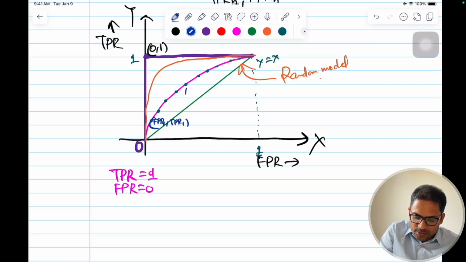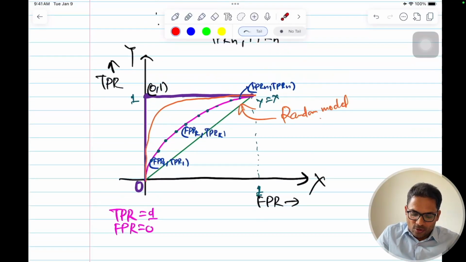Then similarly, this will be FPR of some kth point, and TPR of the kth point. And then we'll have FPR of the nth point and TPR of the nth point. So for each threshold, whatever you have calculated, we'll keep plotting it, and then we'll get a curve like this.